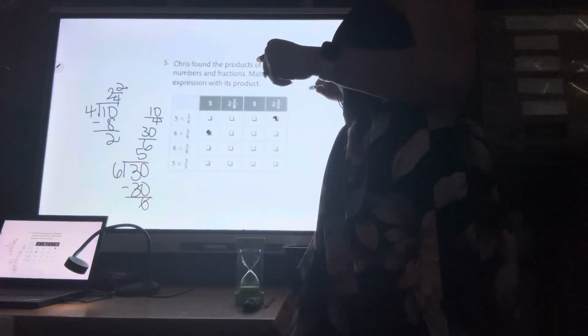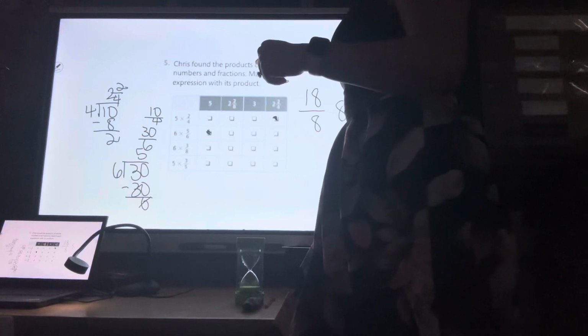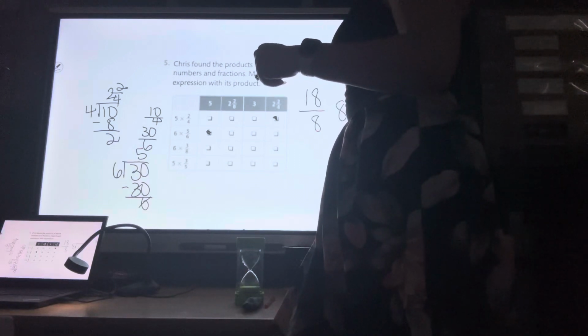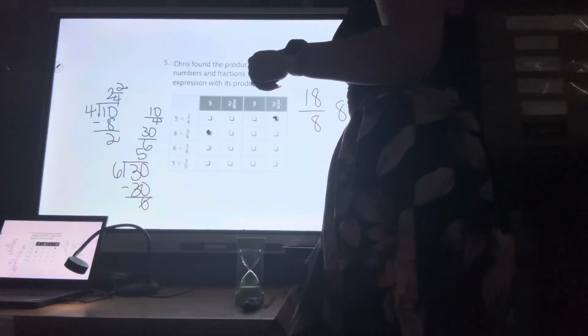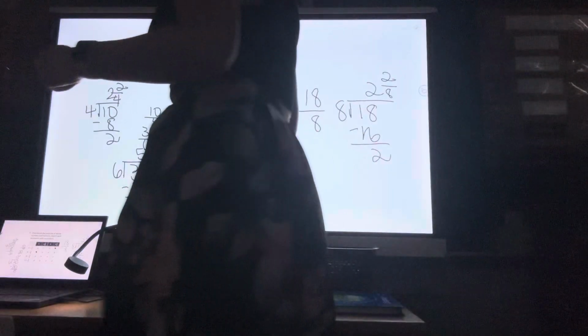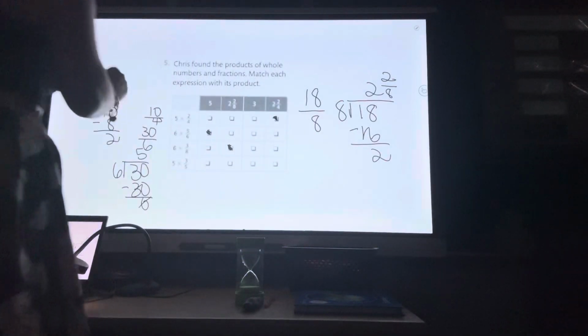6 times 3/8 is 18/8. Can't leave it like that. It's not an option. So 2 times 8, 16, 2 2/8. It could also have been 2 1/4, but it didn't simplify. All right, last one.